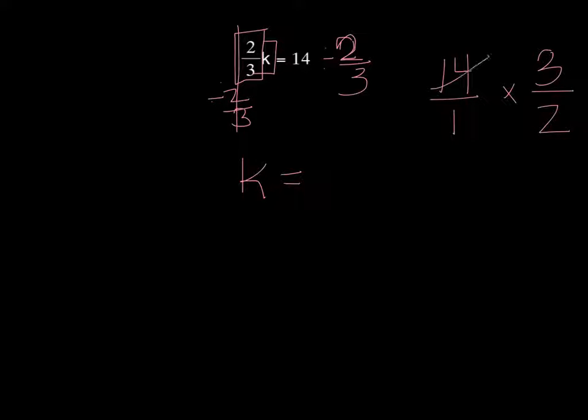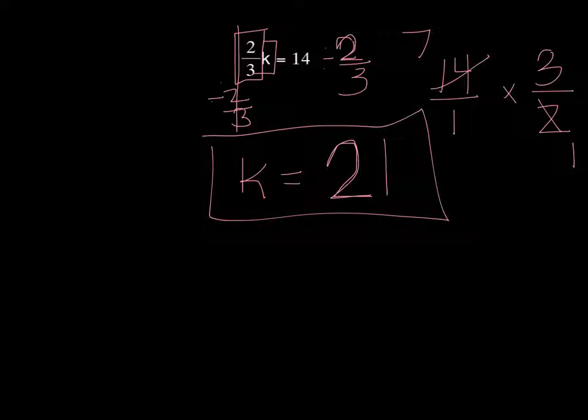I could divide by 2, and my numerator would be 7 times 3, or 21. My denominator is going to be 1, so really all I need to have is k equals 21.